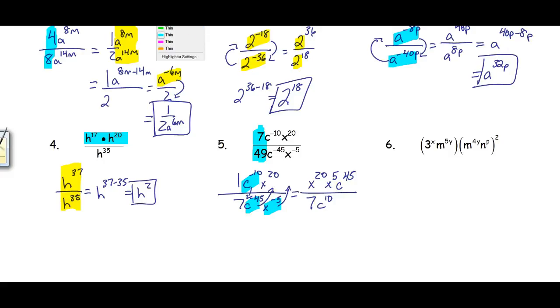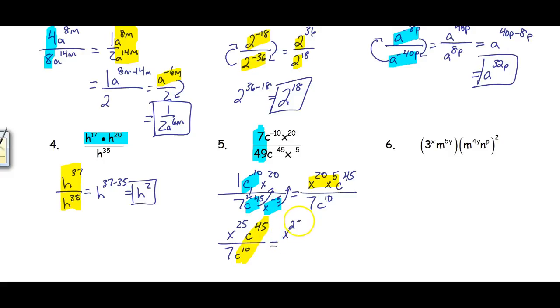Now let's go ahead and simplify some more here. Same base, you're multiplying together, so you're going to go ahead and add the exponents. So you get x to the 25th, c to the 45th over 7, c to the 10th. Last step here. Same base, you're going to subtract your exponents.